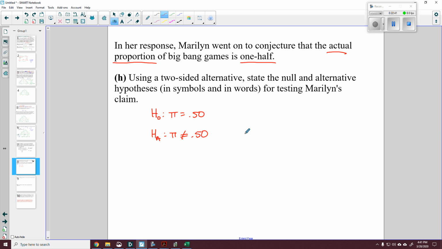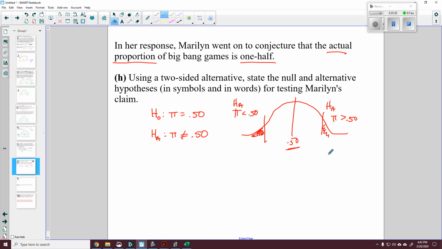Now, if I'm going to find a p-value, let's say here's 0.50, and I get a statistic over here. My p-value is this number that's less than 0.50. So this would be a pi less than 0.50 alternative hypothesis. And if I had an alternative hypothesis that pi was greater than 0.50, well, then it would be on this side because this is greater than my null hypothesis.